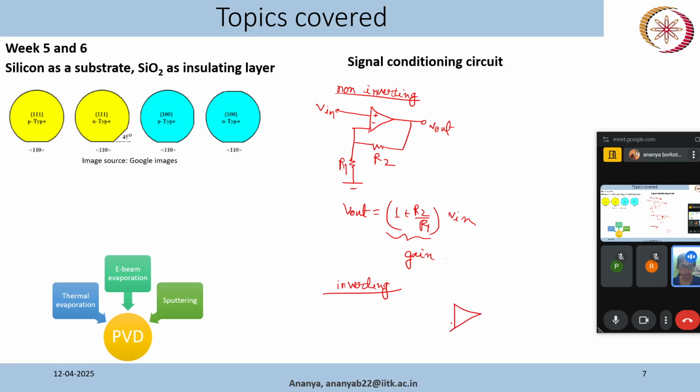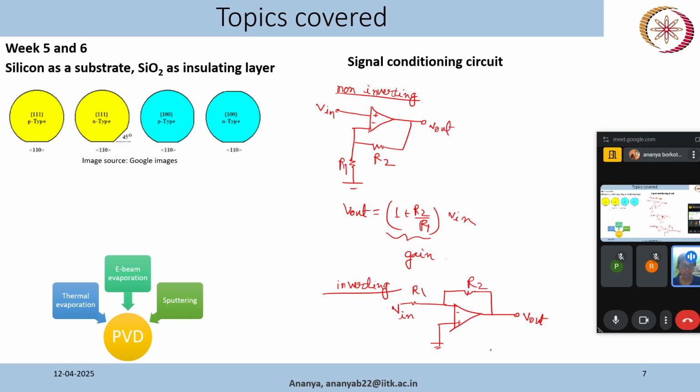In the case of an inverting amplifier, we provide the input to the inverting terminal. The non-inverting terminal will be grounded, so we provide Vin here. This is our R1, and we obviously have feedback because it's an op-amp. We want our output to not be saturated, so that's why we provide negative feedback.